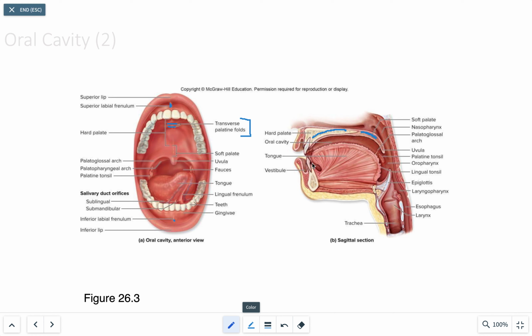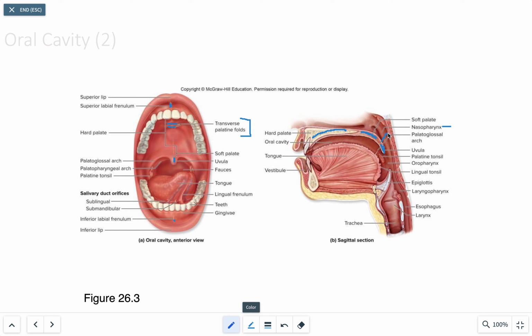The uvula, I'll point it out here. This is the uvula when you're looking from an anterior view. The uvula works in combination with the soft palate. So we see that the soft palate and the uvula elevate whenever we swallow, and it's basically going to elevate and close off the nasopharynx.